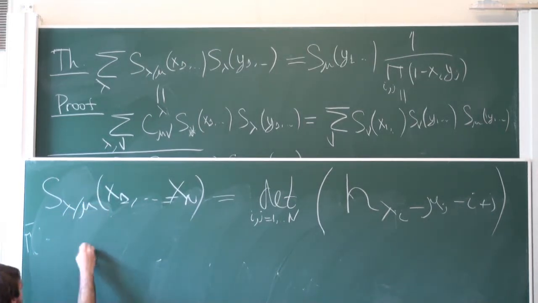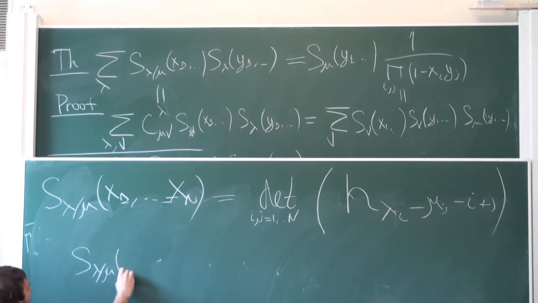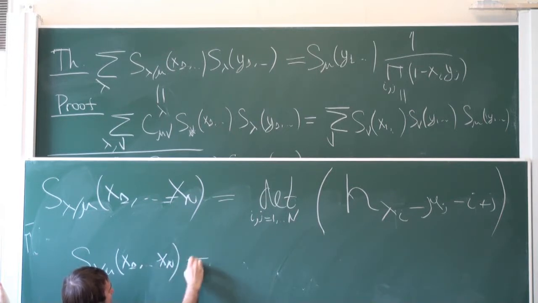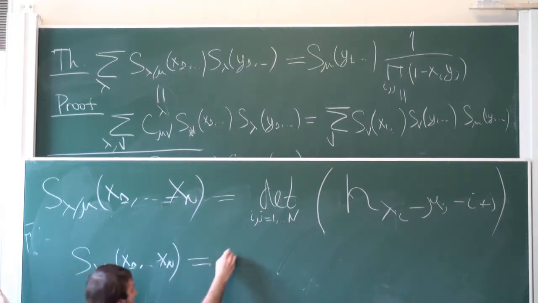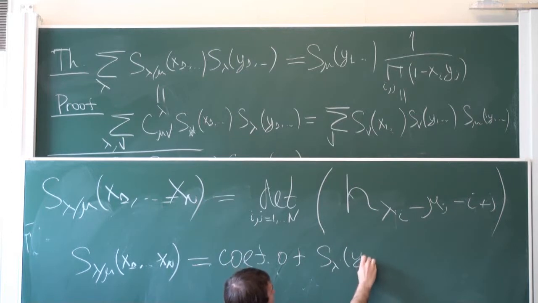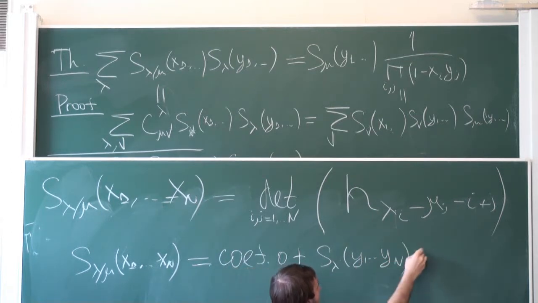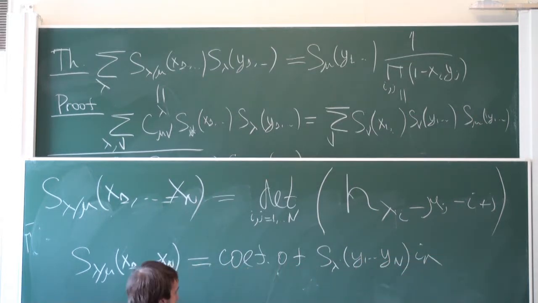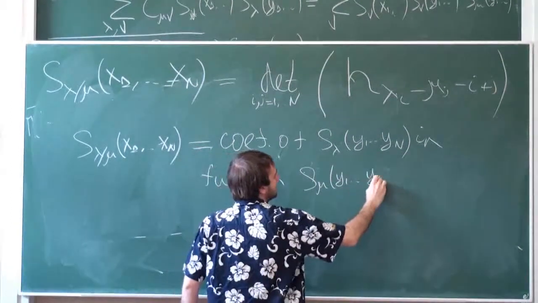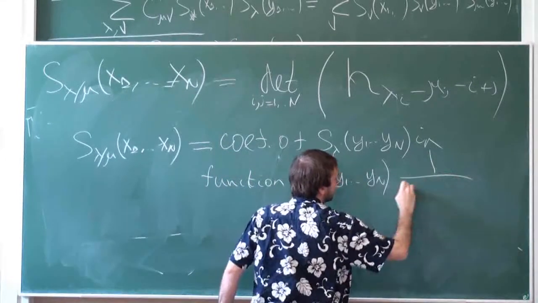More precisely, it tells us that the skew Schur polynomial in n variables is the coefficient of the polynomial S lambda in the function S mu times this product.